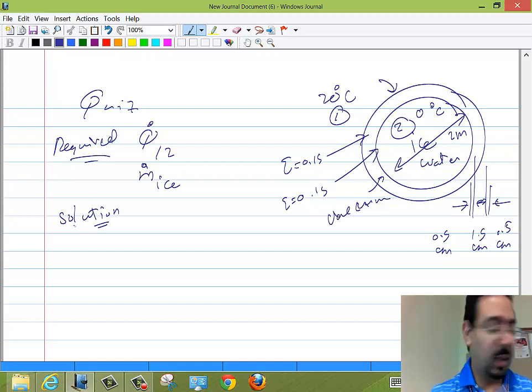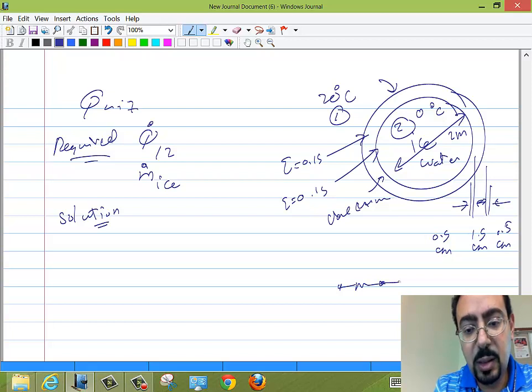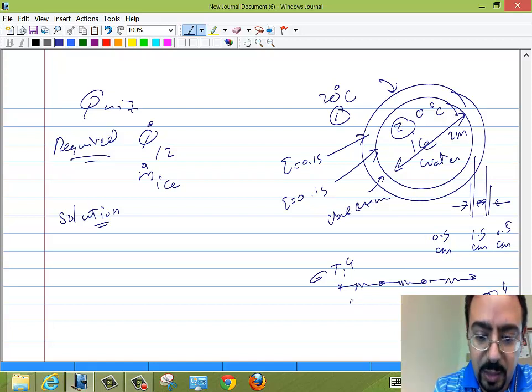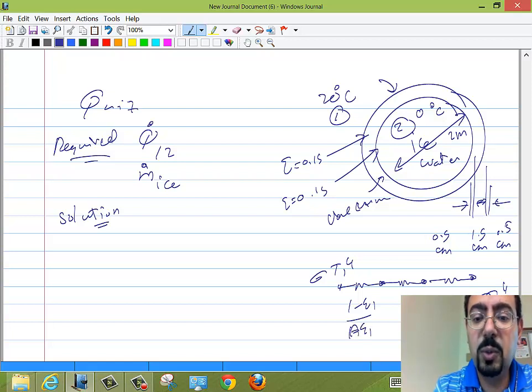Again, I can go with the scenario where I would imagine sigma T1 to power 4, sigma T2 to power 4, and here's 1 minus epsilon 1 over area 1 epsilon 1, and 1 minus epsilon 2 over area 2 epsilon 2, and 1 over area 1 F12.